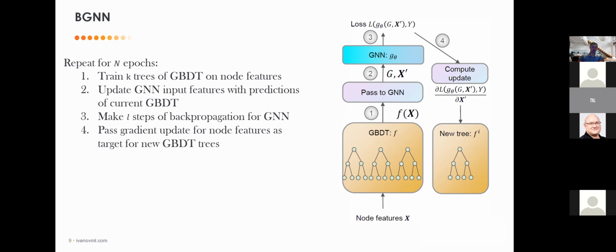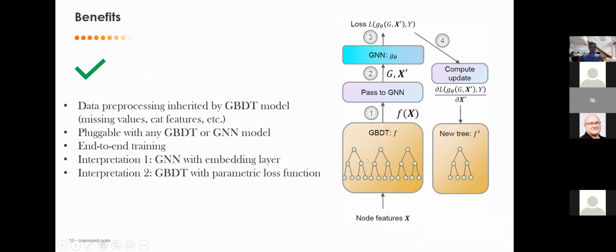And GBDT works in such a way that it tries to improve the errors that it made during the first steps. So GBDT makes some predictions at first, and then all other trees are trying to improve the predictions made during the first step.